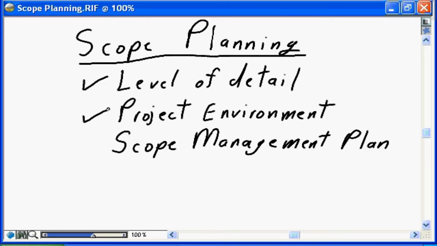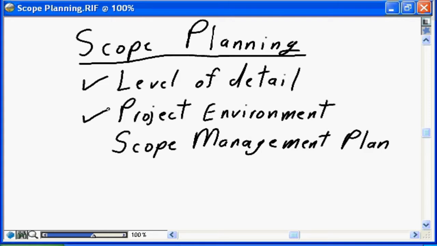Another significant factor you need to bring into account in scope planning is the general project environment. How successful has your organization been delivering projects in this particular area, for this particular business unit, using this technology? What is the company's experience? How has the company succeeded or failed?